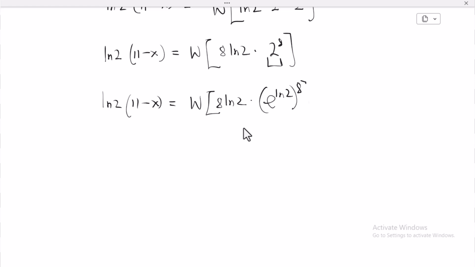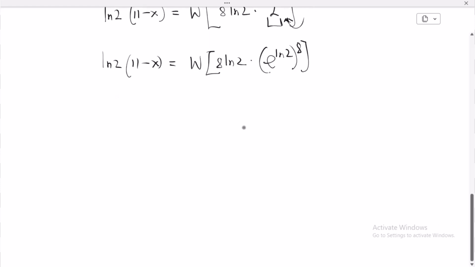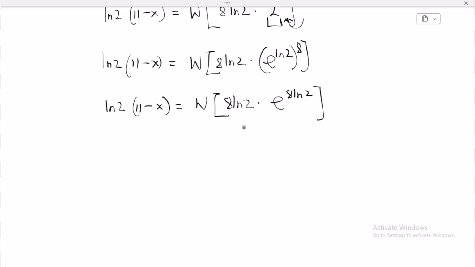The 2 to the power 8 over here can be written in this way. And when I do that, you're going to have natural log of 2 multiplying 11 minus x to be equal to W Lambert's function of 8 natural log of 2 multiplying e to the power 8 natural log of 2 close parenthesis.